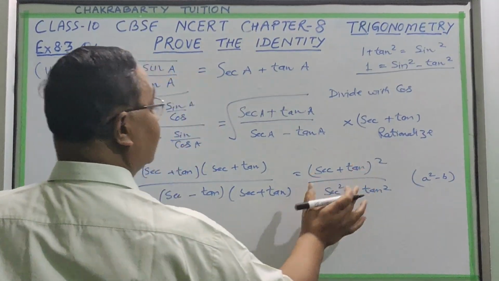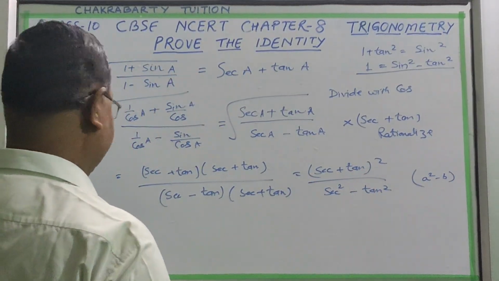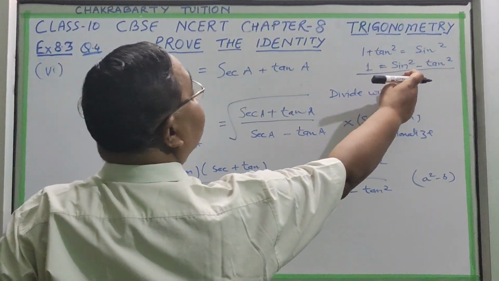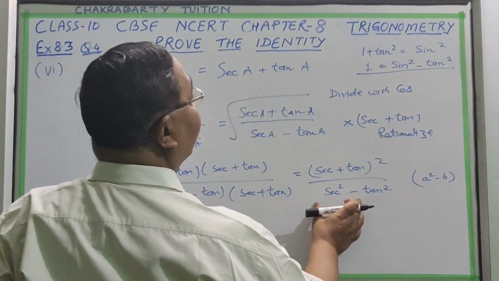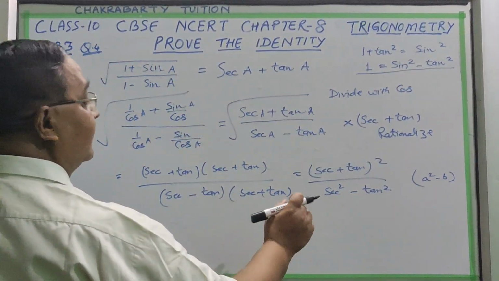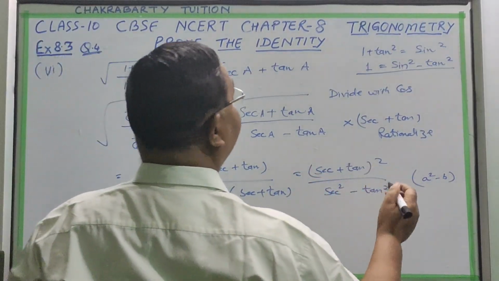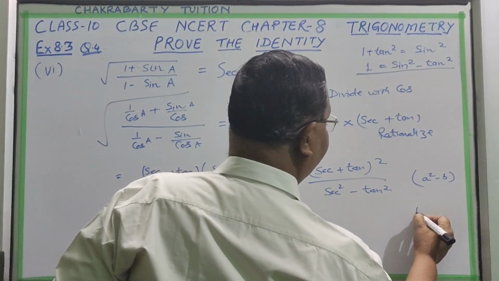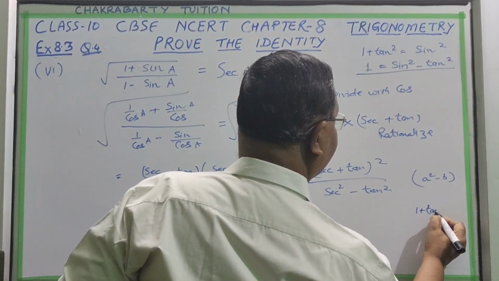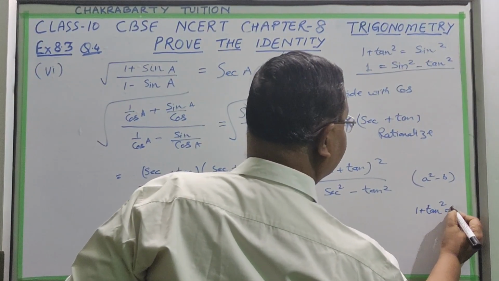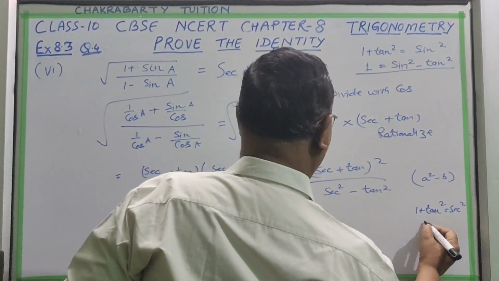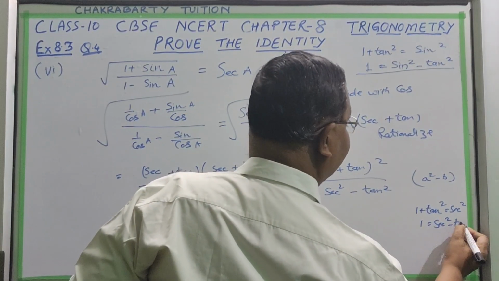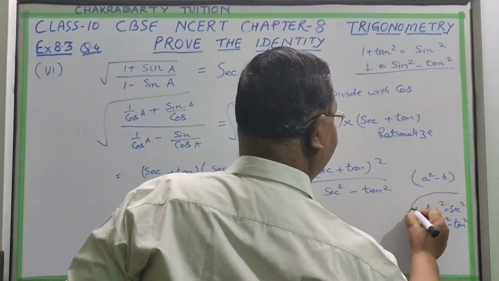Now sec square minus tan square is equal to 1. We have the identity 1 plus tan square is equal to sec square, or we can write 1 equal to sec square minus tan square. This is another identity we have.